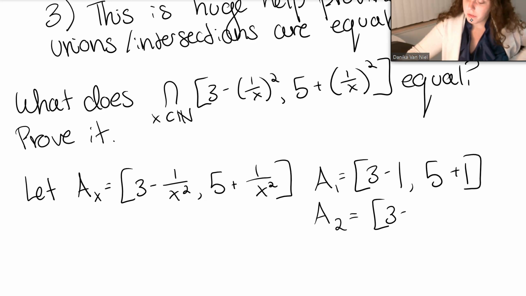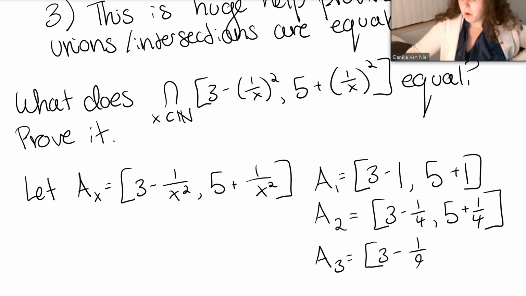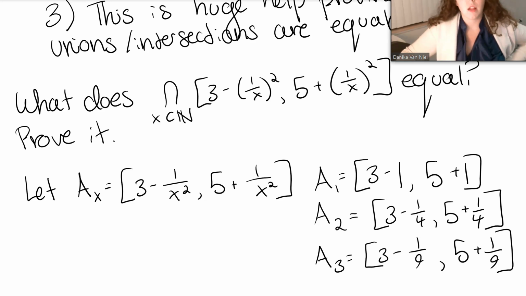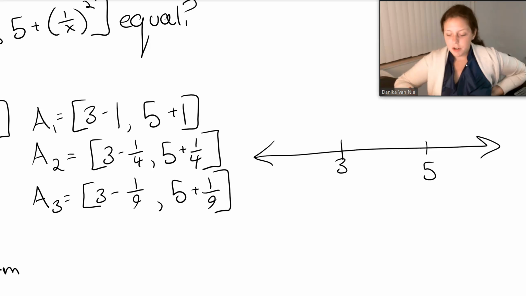Here we have 3 minus 1/4 and 5 plus 1/4. So what's happening? On our left-hand side, we're getting closer and closer to 3. But from which side? Are we getting smaller and closer to 3, or bigger and closer to 3? Okay, so let's try to write these out.